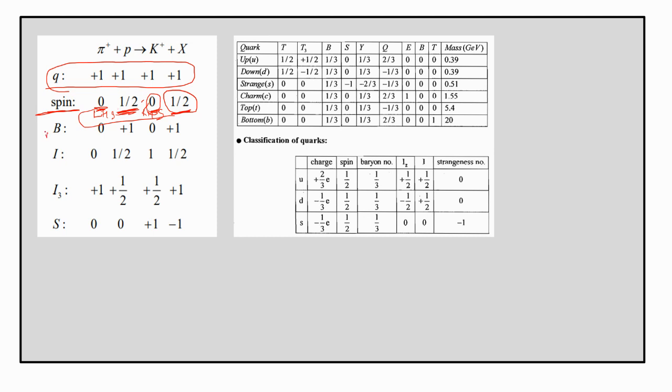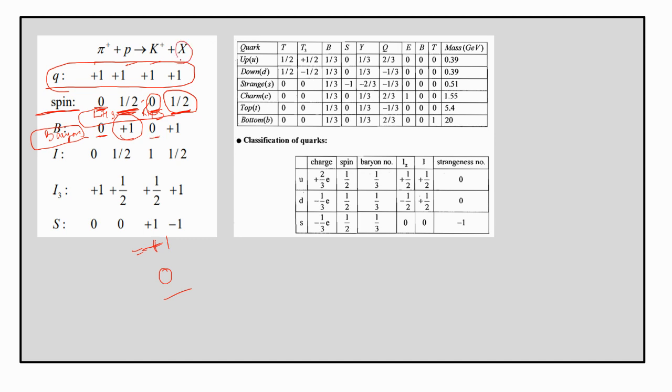Now this is the baryon number. All those particles which come under baryons have baryon number 1, and all those particles which are not baryons have baryon number 0. Pion is a meson, so it will have 0 baryon number. Proton is a baryon, so it will have plus 1. Kaon is a meson, so it will have 0 baryon number.